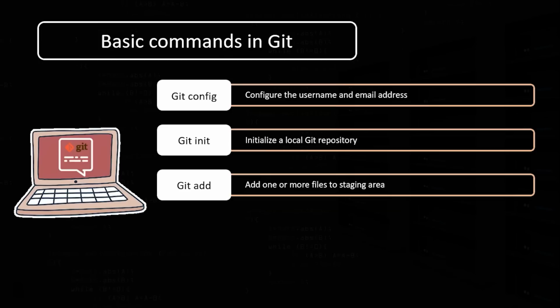So when you do git add, it moves the files from your working copy to the staging area, and they remain there until you run git commit, so that these files from the staging area will be permanently written into the local repository. It's very important that you run git add before running git commit.